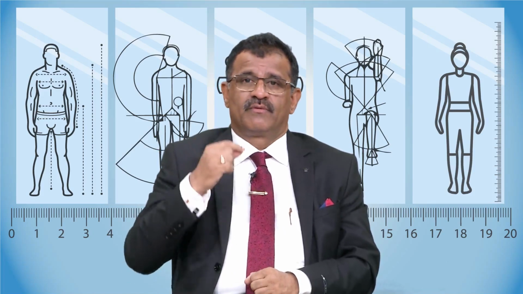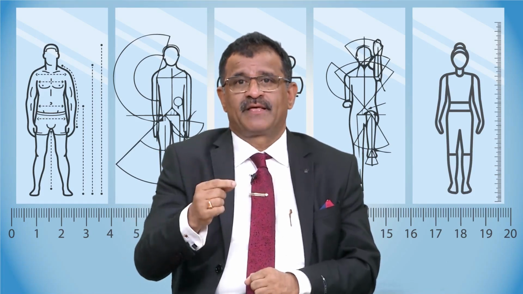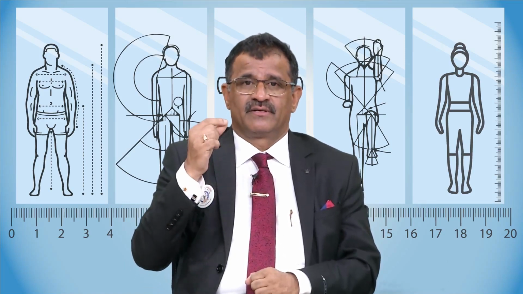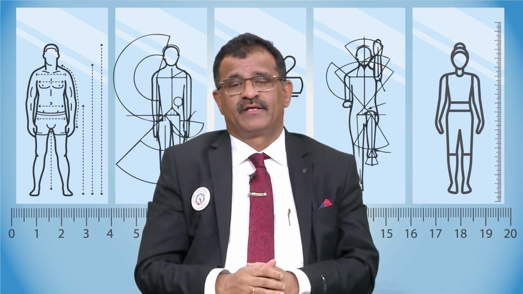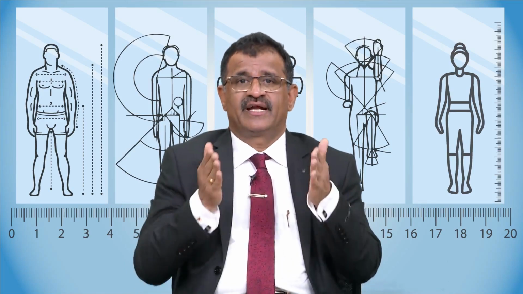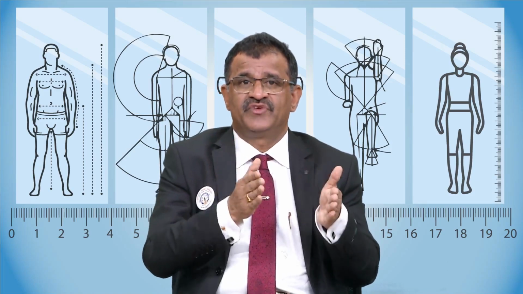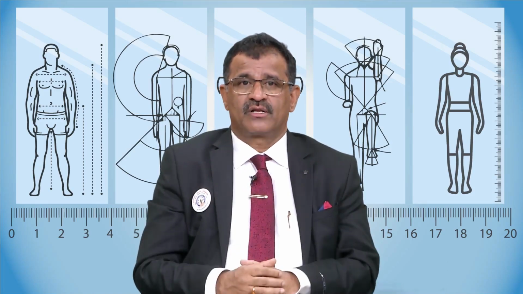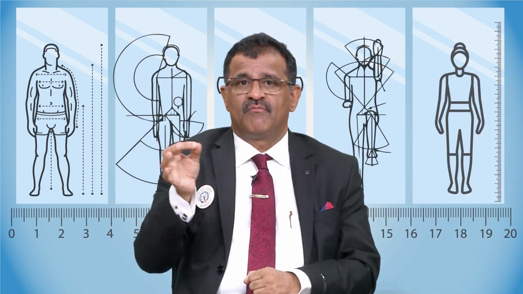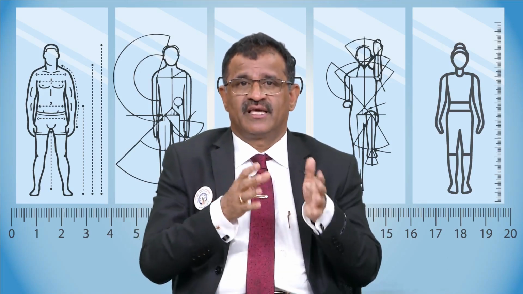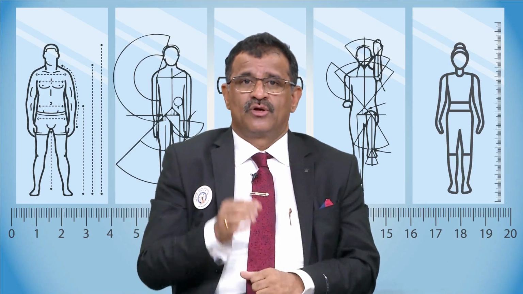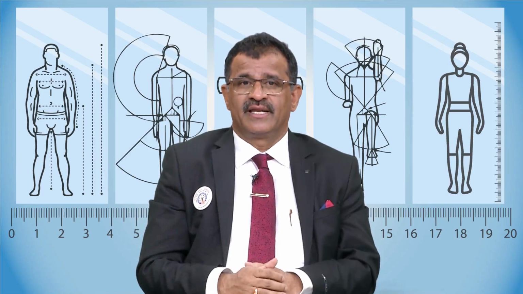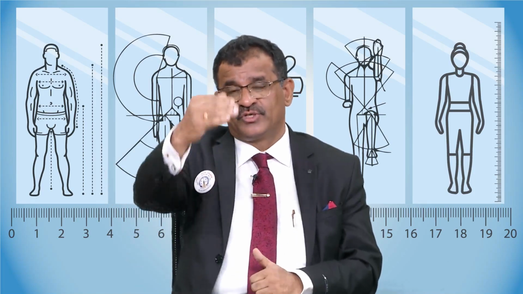When you take MUAC measurements of a child to find out whether that child has severe acute malnutrition, which is called SAM, or moderate acute malnutrition, which is called MAM, or no acute malnutrition, NAM, they are shown in different colors.